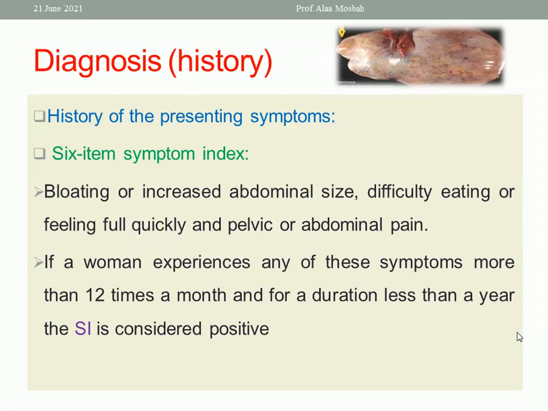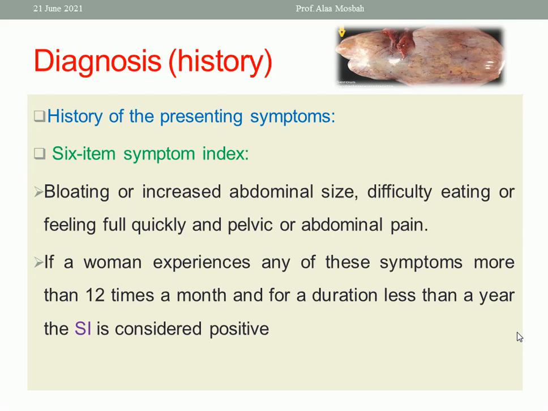Also, you should know the 6-item symptom index: bloating, increased abdominal size, difficulty eating or feeling full quickly, and pelvic or abdominal pain. If a woman experiences these symptoms more than 12 times a month, and for a duration of less than a year, this 6-item index is considered positive.